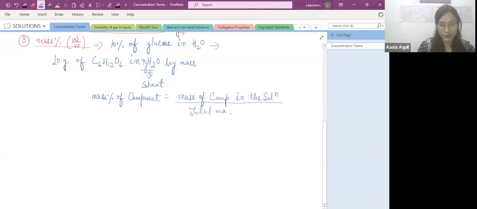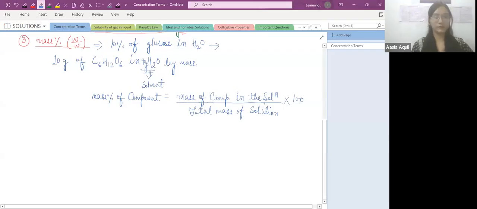Total mass of solution, that means total mass of solute plus mass of solvent, into 100. Why? Because it is a percent. Got it? Any problem? No, ma'am.